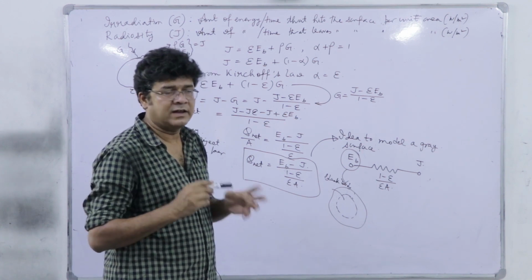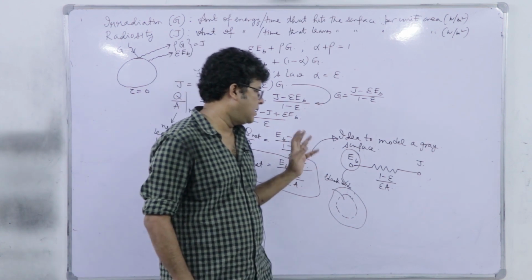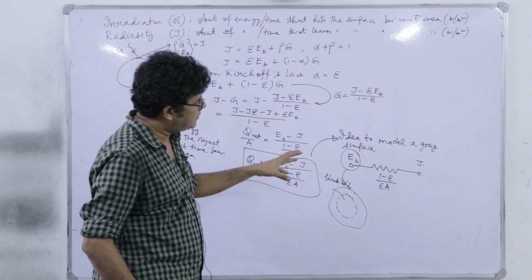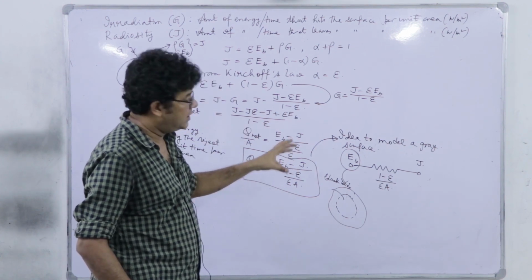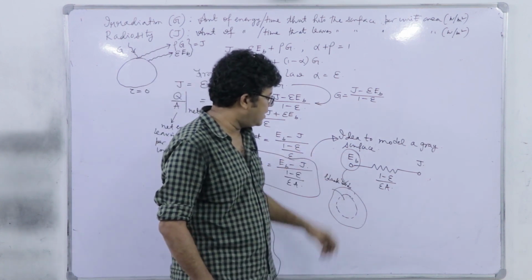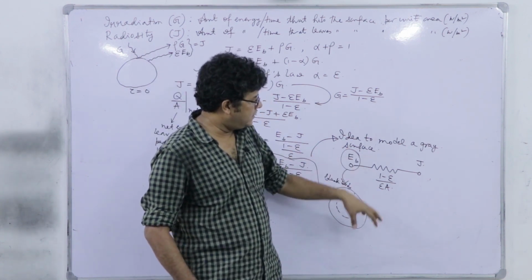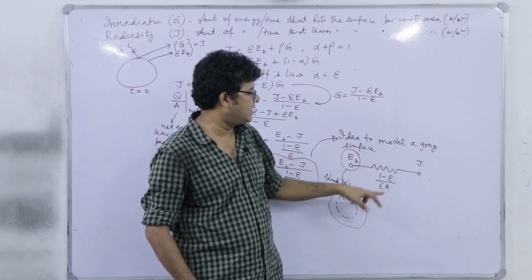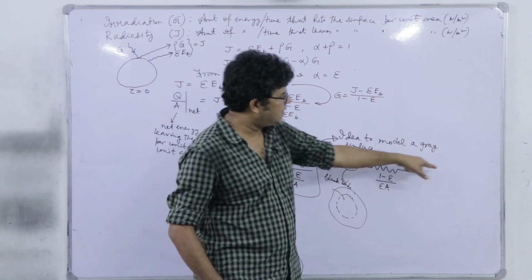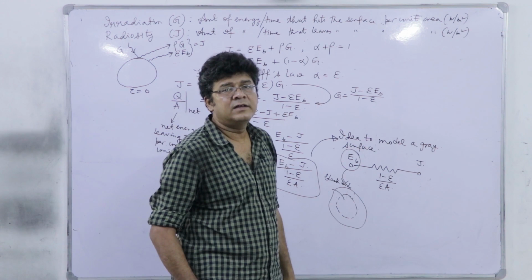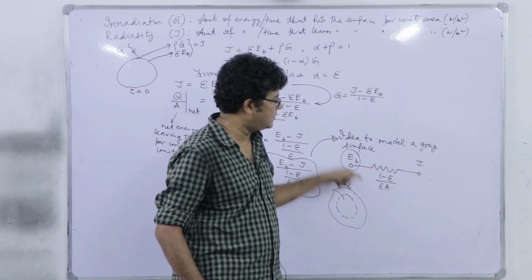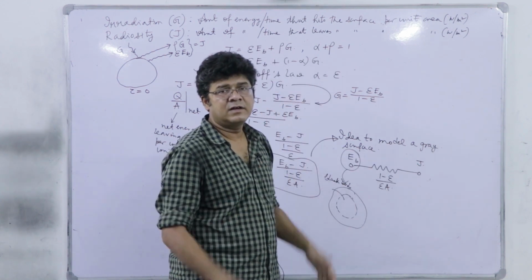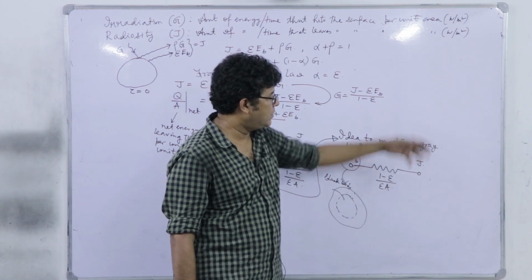This is a model picture, not the realistic picture, but it will give you the correct expression for the radiosity. The black body has emissive power EB. Then there is an additional surface resistance, 1 minus epsilon by epsilon A, so the emissive potential drops to J, and from here we have the radiative exchange of the gray body with the surroundings.